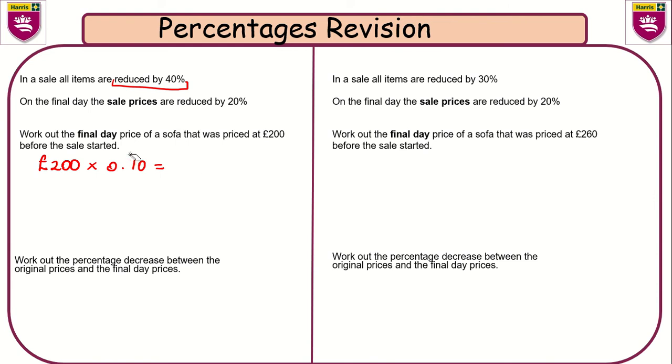Why am I saying 0.4? 0.6. So reduced, we take it away from 100, 0.6. So we've got 120 now. And then there is going to be a 20% decrease of this. So we're going to take 20% away from this. Okay? And that's going to be 96. Thank you.